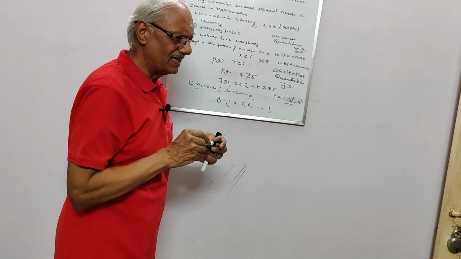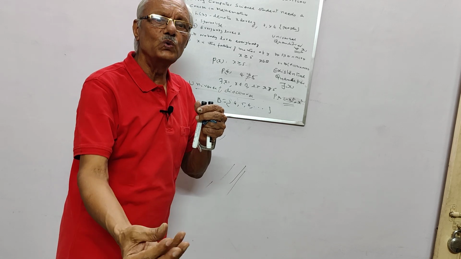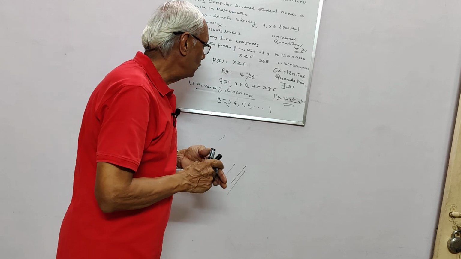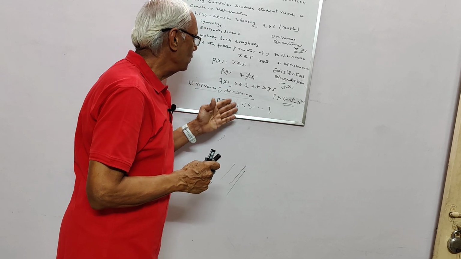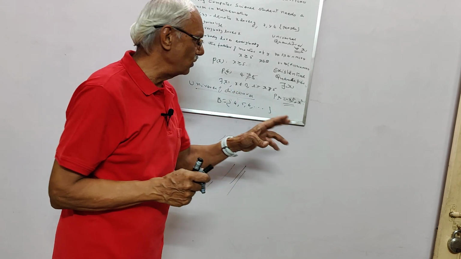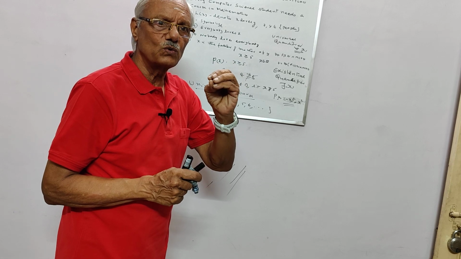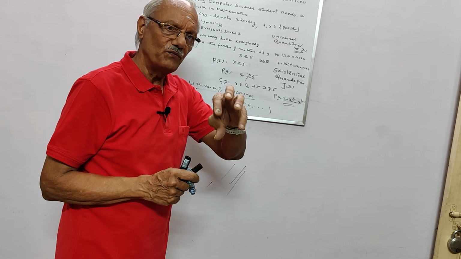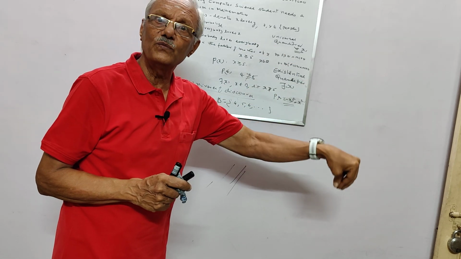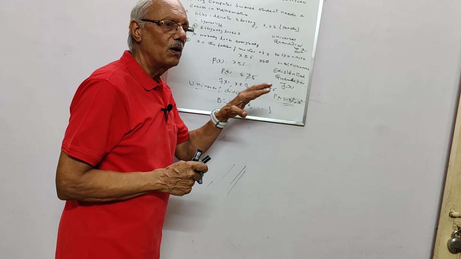A universe of discourse is a domain from which you take the values for the variable x. As I told you here, B is this. Now your universe of discourse is B. In the previous one, A, without this 4, A was your universe of discourse. So the universe of discourse is the domain from which you take the elements to assign the values for the variables. Are you able to understand? So this is all about this.